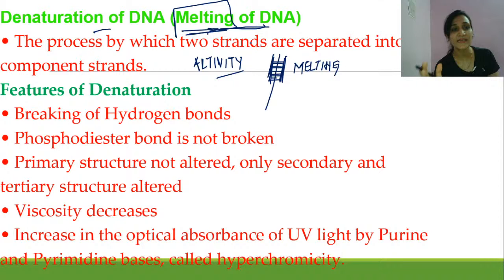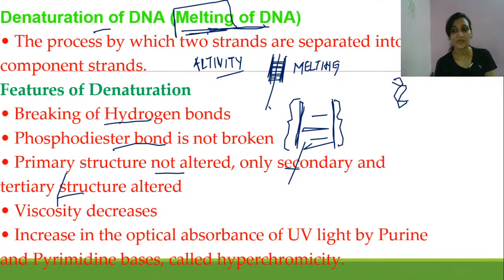And when they combine, they form secondary structure. And when these secondary structures are superimposed on each other, they form tertiary structure. So tertiary structure and secondary structure are broken down.